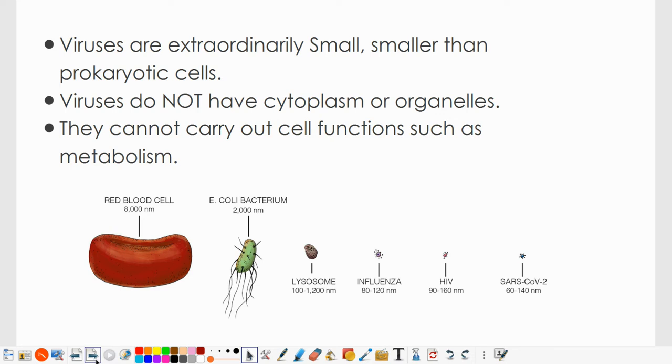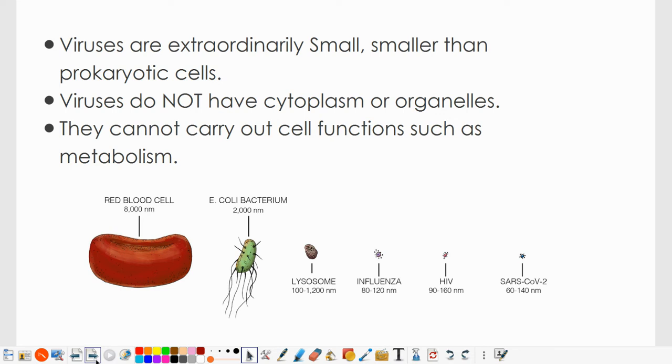So on the very left, we have a red blood cell. That is a eukaryotic cell. That's the kind of cell we find in our bodies. Next to that is E. coli, a bacteria. This is one of your prokaryotes. You can see that the bacteria, the prokaryote, is much smaller than the eukaryote.